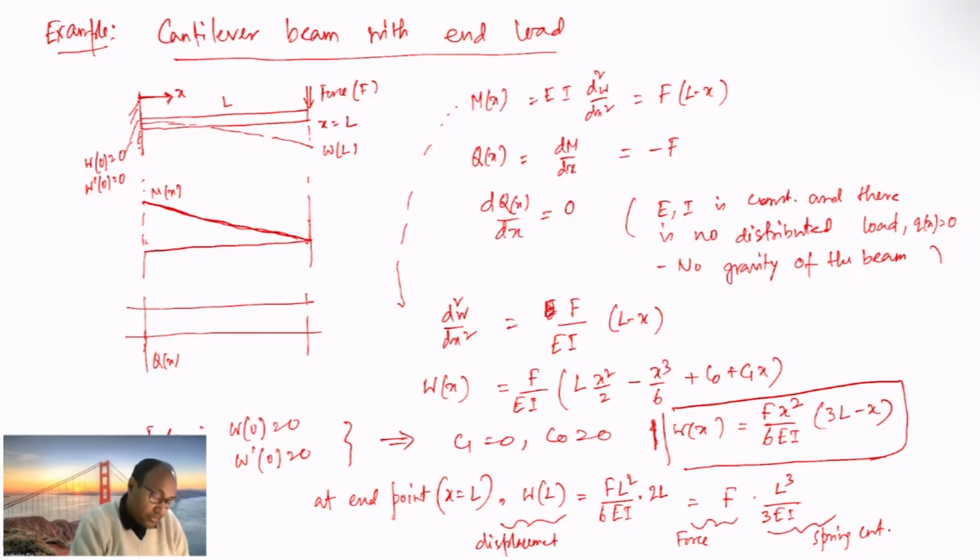Once you integrate, this is a simple integration, and you apply your initial conditions at one end and find the displacement at different axial locations along the length of the beam. And you can find how much the other end of the beam is displaced due to the load. Okay, so we'll look at some other examples of cantilever beam and continue this discussion in another session. Thank you.